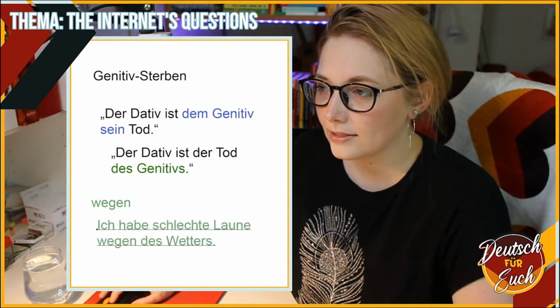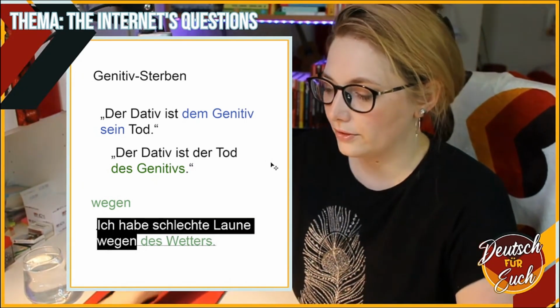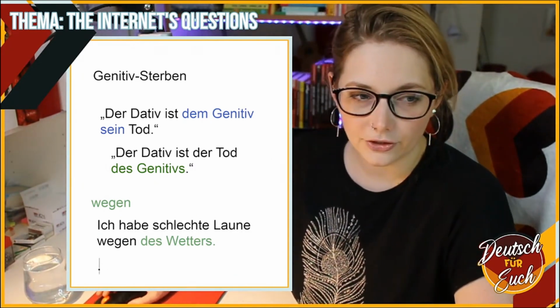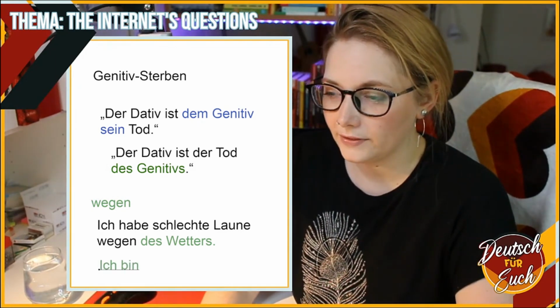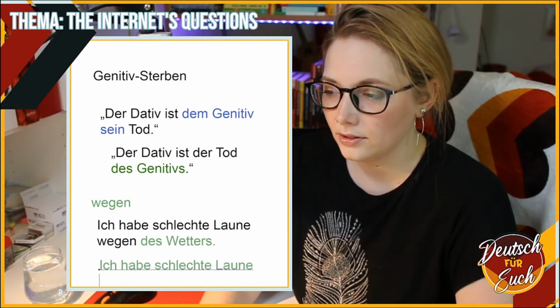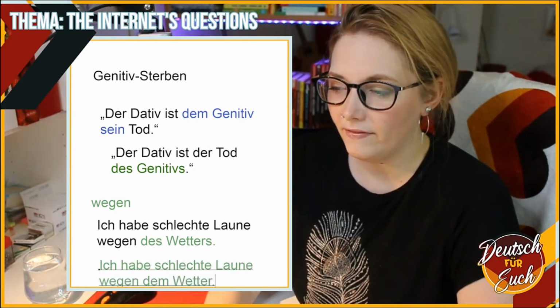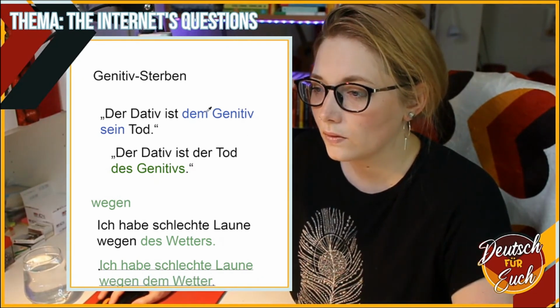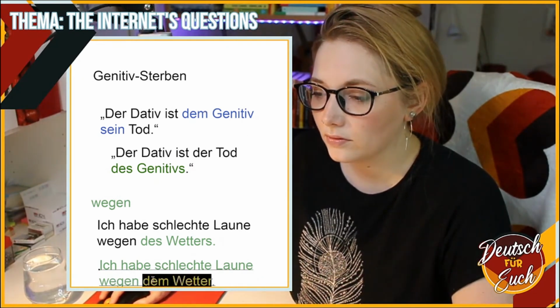Des Wetters is genitive, of course. However, because the genitive is chronically underused, people nowadays will often default to saying ich habe schlechte Laune wegen dem Wetter, which is dative.